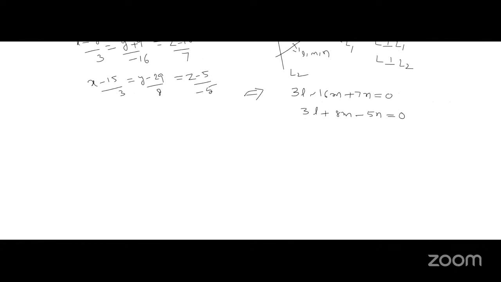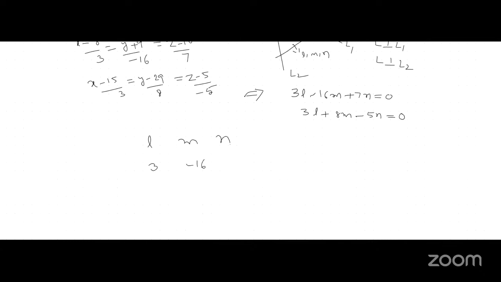Okay, so that method we know. Now for l, m, n: 3, minus 16, 7, and 3, 8, minus 5. So how can you find l, m, n? By this cross product method, no? So we are getting the l, m, n values.